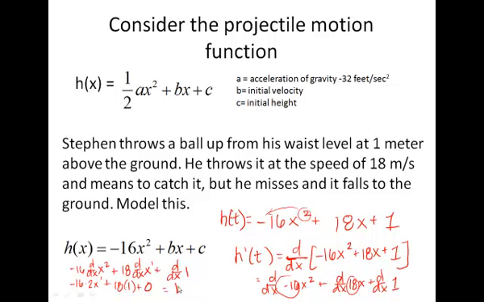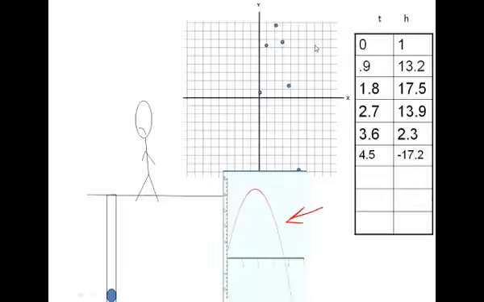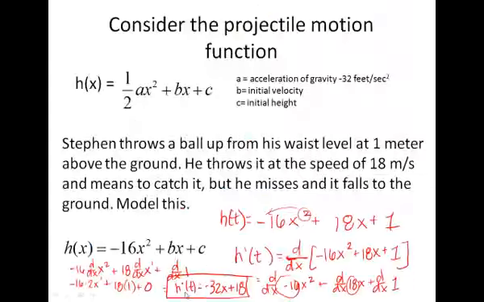So our h prime of t is equal to negative 32x plus 18, and this would give you the instantaneous velocity at any given point. If I wanted to find out at time equals about 3 what his velocity or rate of change was at that very moment, you can just plug the 3 into this derivative function and you would get that.